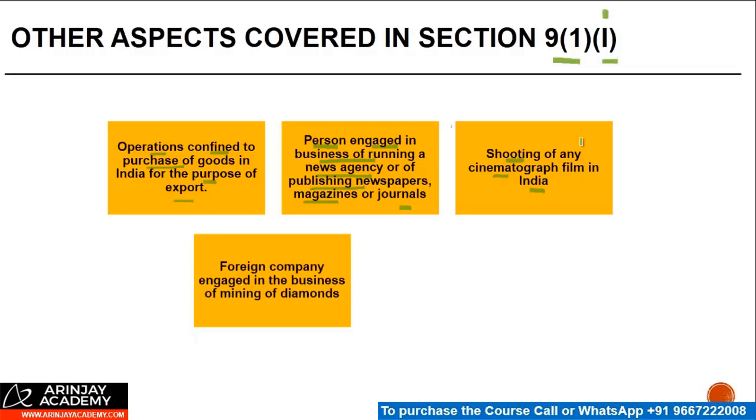For a foreign company engaged in the business of mining of diamonds, if they display certain uncut diamonds in certain specified zones, then just because of that display, they will not be treated as having any income in India. If there's a business connection through an agent, then of course there would be allocation of certain income, but this is an aspect which we discuss in detail towards the end.